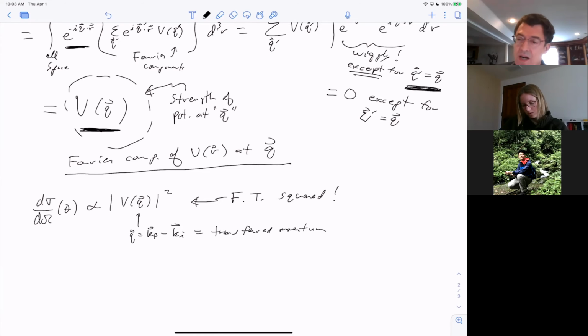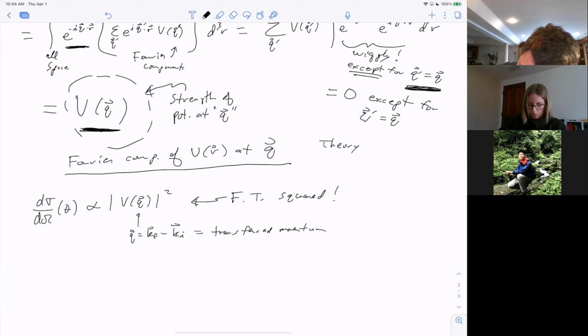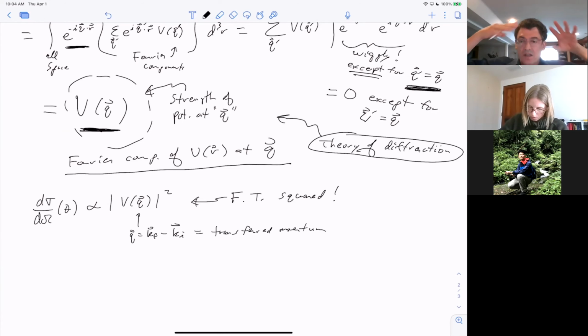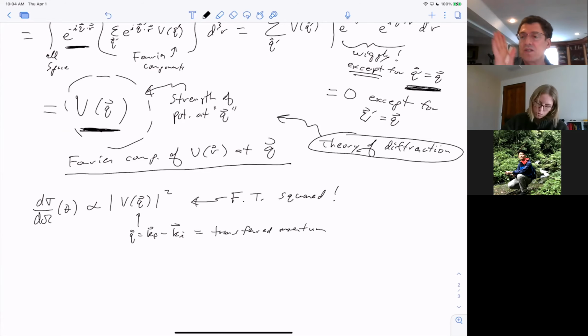I will just make one other comment, which is that this is equivalent to the theory of diffraction. If you know anything about diffraction, you have a diffraction grating, a periodic structure, and you're throwing a wave up against it and it bounces into some direction. There are special directions that you get because of constructive interference.